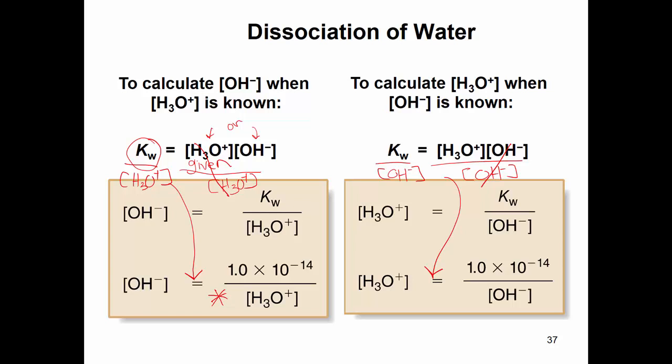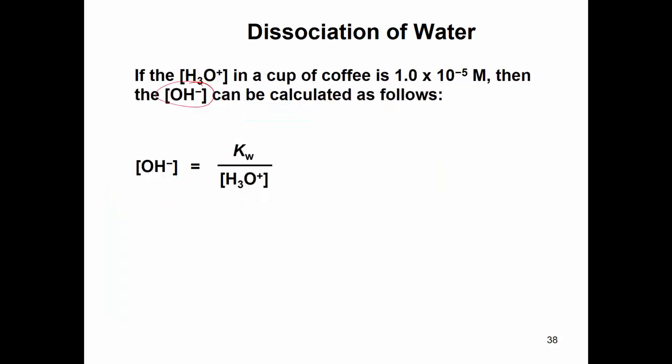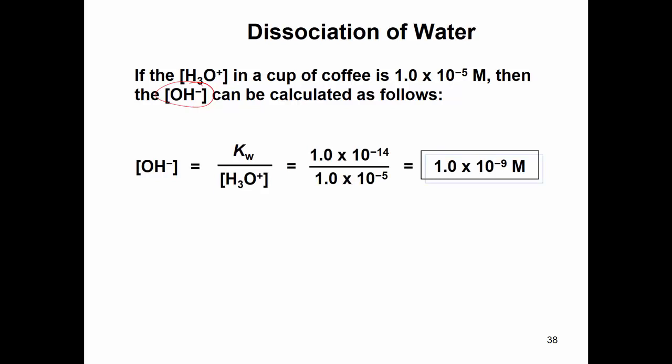It's a constant, it doesn't change, and we divided it by hydronium concentration. So that's what we're going to do. You would take kW, 1.0 times 10 to the negative 14, divide it by hydronium concentration, and you should get 1.0 times 10 to the negative 9 molarity. That is the hydroxide, so the basic, if you want to think of it that way, concentration.